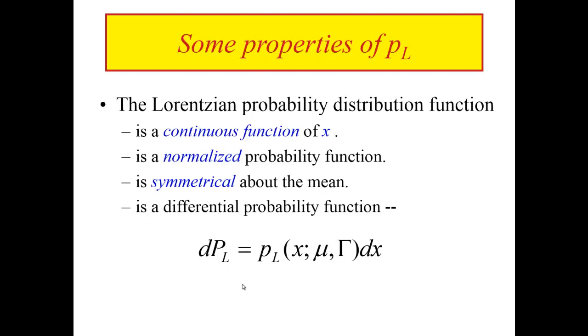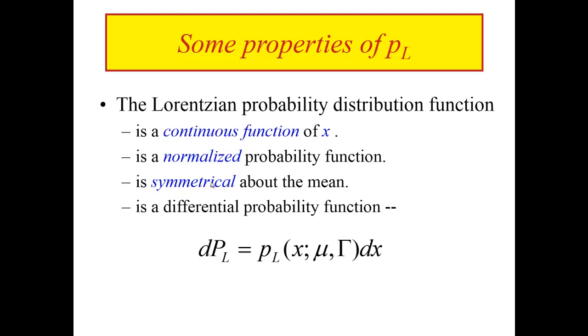So the Lorentzian probability distribution function is similar to the Gaussian one in some ways. It's a continuous function of x, which is helpful for experiments where we're measuring a quantity that's not restricted to integer values. It's normalized. It's also symmetrical, as we'll see in just a minute, about the mean.